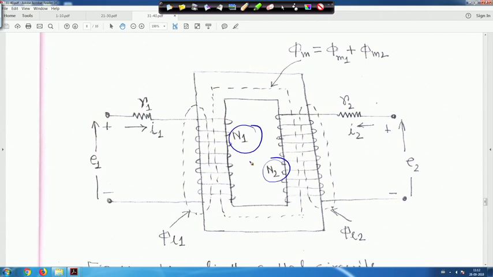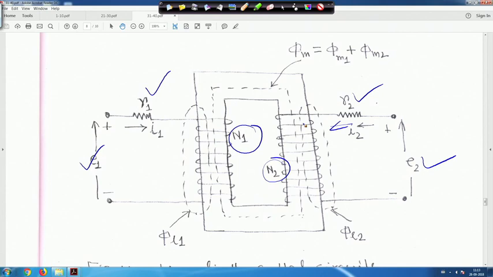The resistance of this coil is R1, and here it is R2. This voltage is E1, this voltage is E2, and both the currents I1 and I2 are entering into the coils. The direction of the flux can be found by the right hand rule.